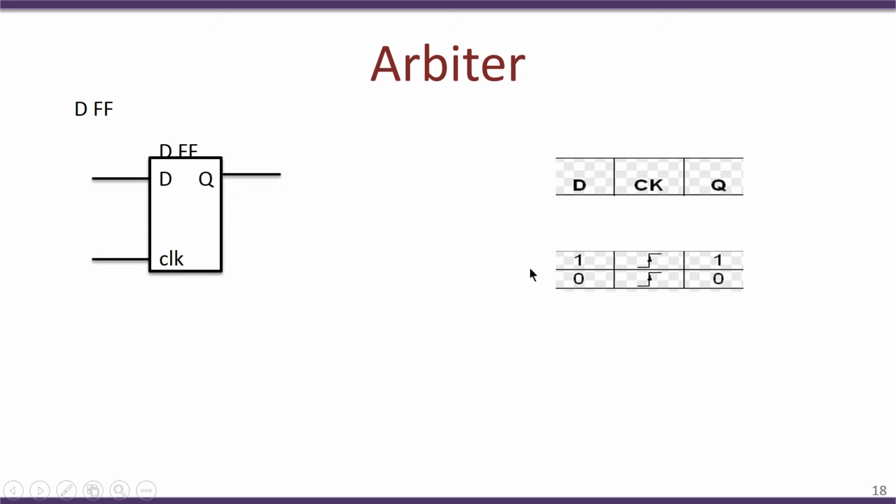As a result, we would have something which looks like this. The D line reaches first and then the clock signal reaches, and as we know how a D flip flop works, when the clock transitions from 0 to 1, the input at the D is latched at the output. Since the signal at the D line has arrived first, when the clock transitions from 0 to 1, the output would obtain a value of 1.